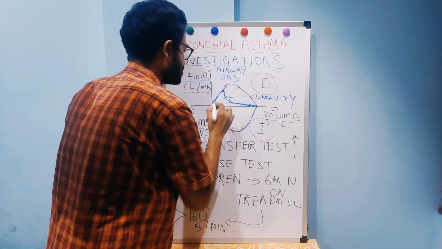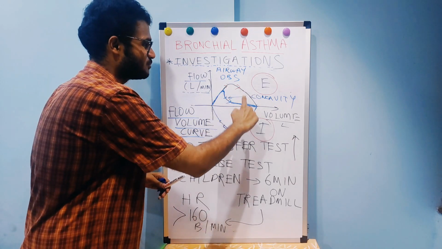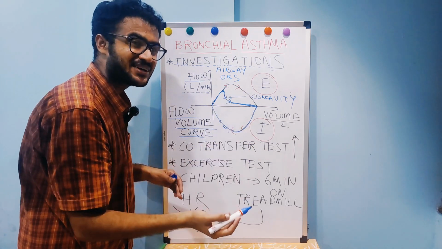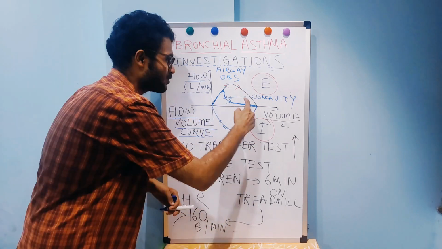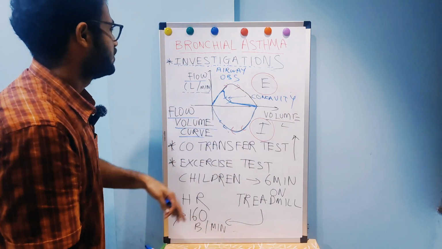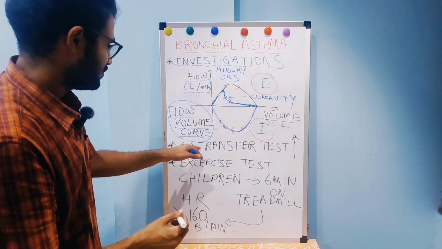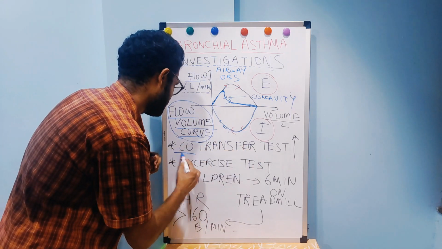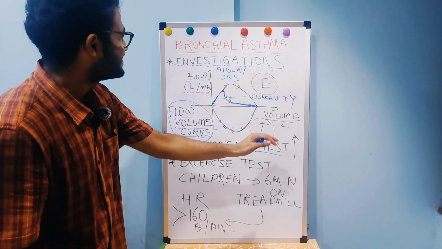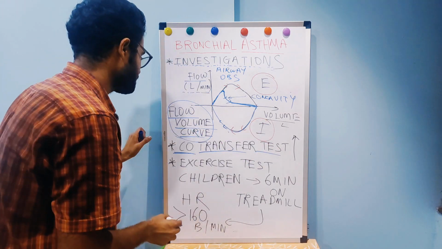After you give the bronchodilator, ये graph comes to normal, so that indicates reversibility. This concavity indicates airway obstruction or limitation. So basically this is the flow volume curve. This is a fact: carbon monoxide transfer test is increased in bronchial asthma. So you should know this.